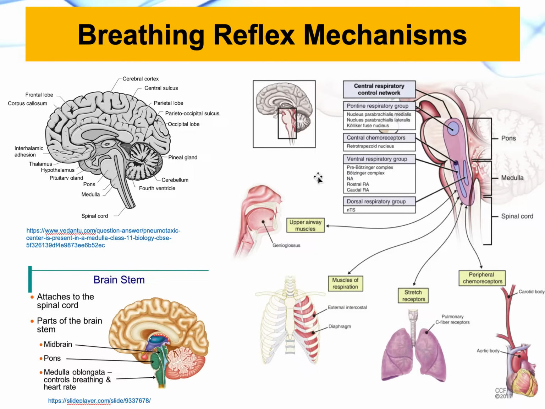The impulses that originate from the stem or from the respiratory control network: the quicker the impulses coming to the intercostal muscles and to the diaphragm, the faster the breathing. The slower the impulses, the slower the breathing, and that's very important.